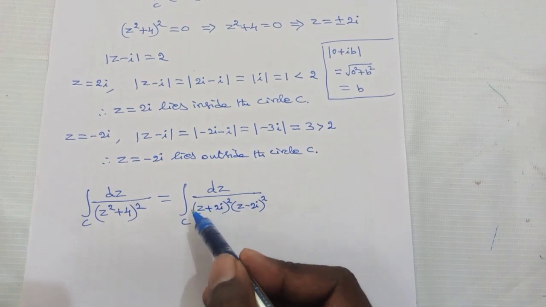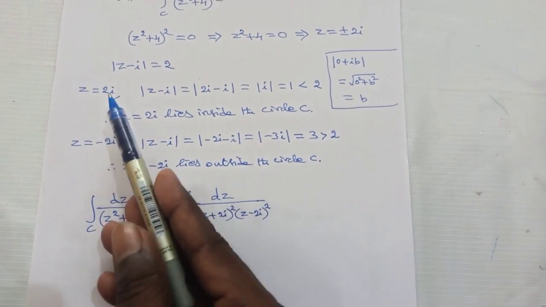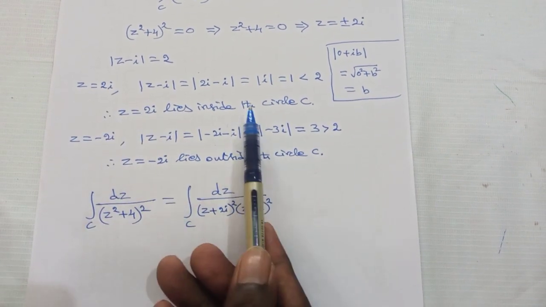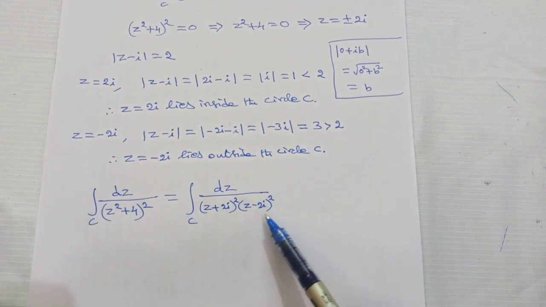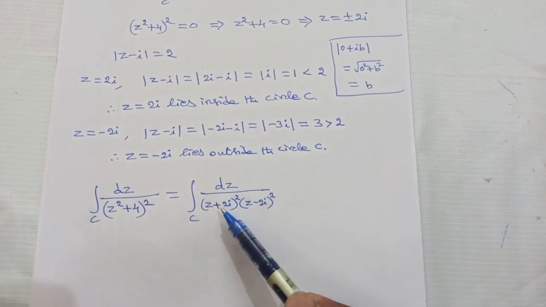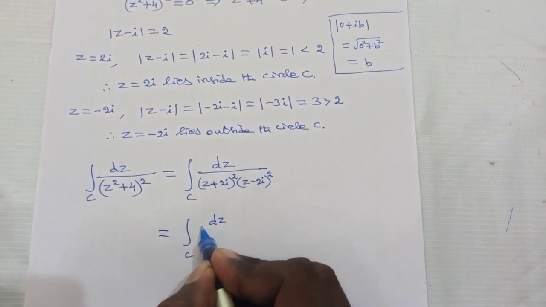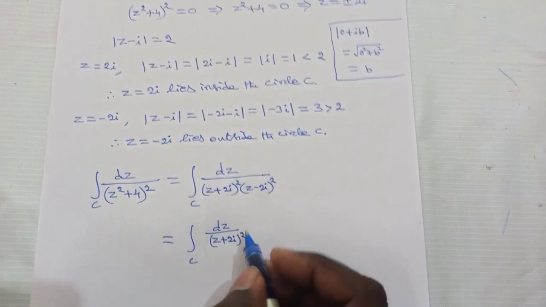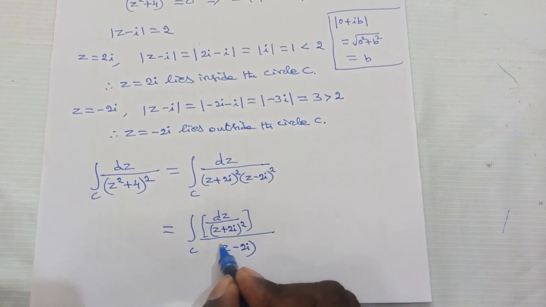Now one term lies inside the circle and the other lies outside. 2i lies inside the circle, so the z minus 2i term lies inside, and the z plus 2i term lies outside. The outside term goes into the numerator. So the integral over C of dz by (z plus 2i) the whole square, all divided by (z minus 2i) the whole square.